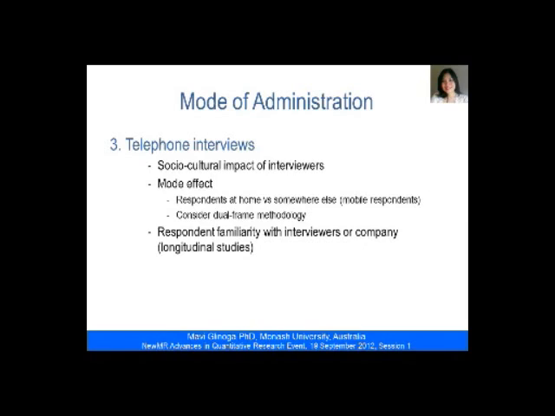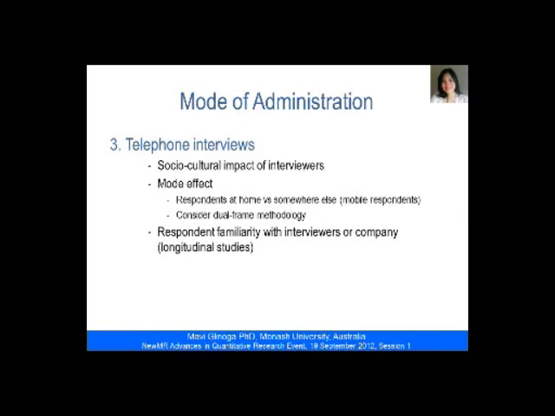Because if they're at home and by themselves, there's a high likelihood that they would feel comfortable telling you how they truly feel because there's nobody there to influence them. But if they're somewhere else where there's a lot of noise that can frustrate them, or they're in front of someone they're trying to impress, that's going to also lead to bias.